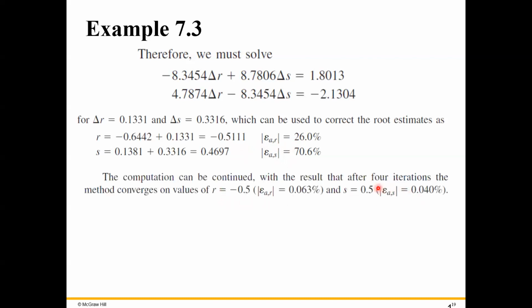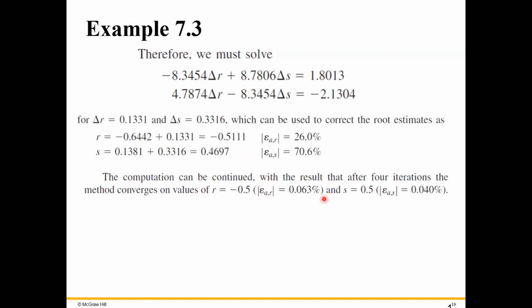So it is found that after 4 iterations, so this was the second iteration, you will perform the third, and then the fourth, the error will reduce to less than 1%: 0.063% and 0.04%, with the resulting values of R equal to -0.5 and S equal to 0.5.